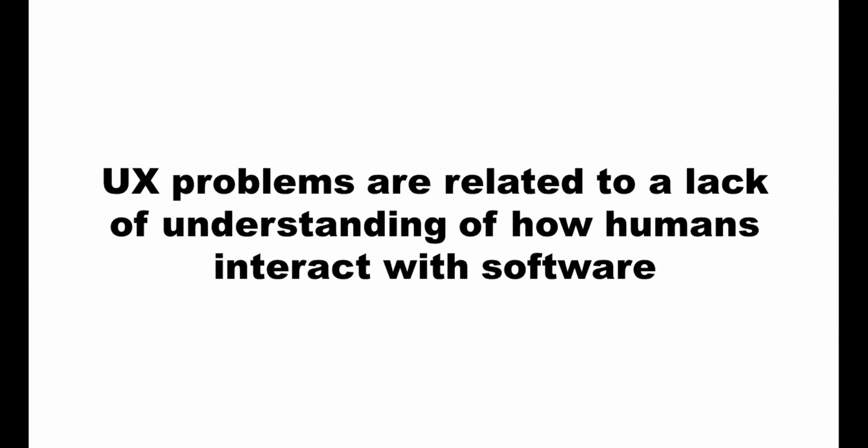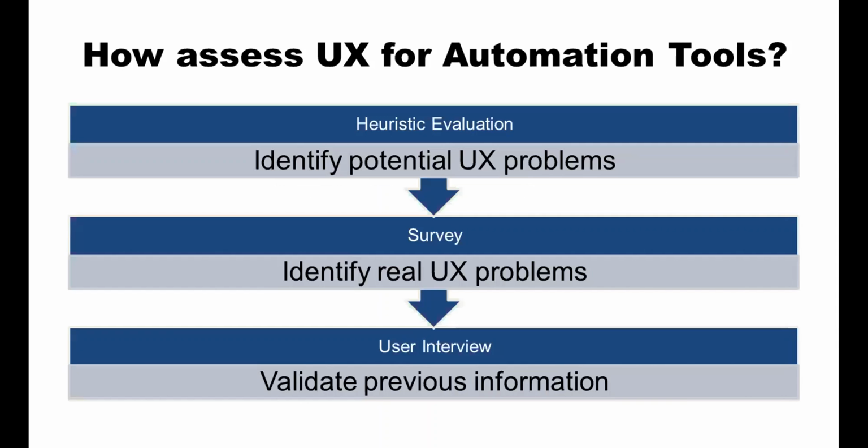And to help them assess UX for automation tools, we developed a methodology to assess the UX based on 3 techniques. The first technique is the heuristic evaluation developed by Jakob Nielsen. This heuristic evaluation is made by designers to identify potential UX problems.